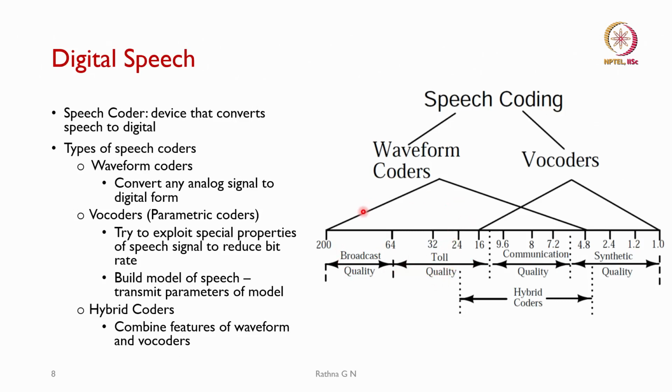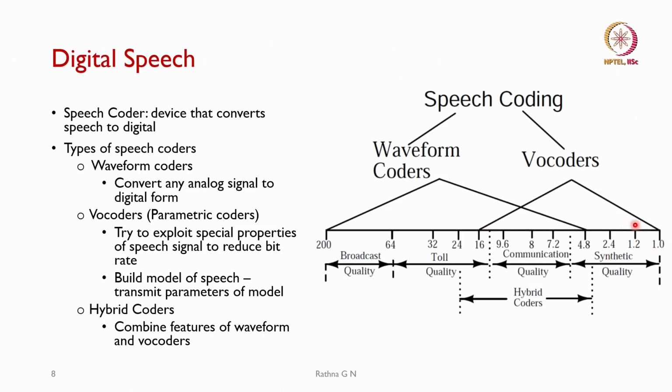This comes under waveform coding basically, and communication quality is between 5 and 9.6 or a little more than that. This is the synthetic quality we can generate using vocoders.